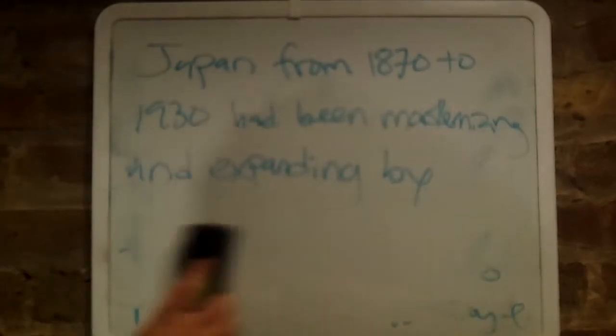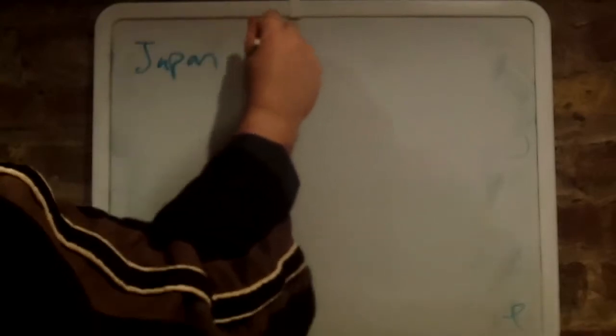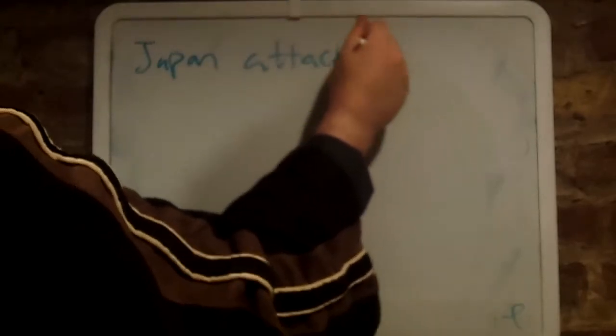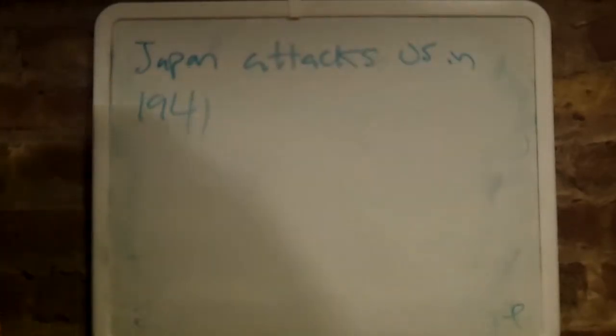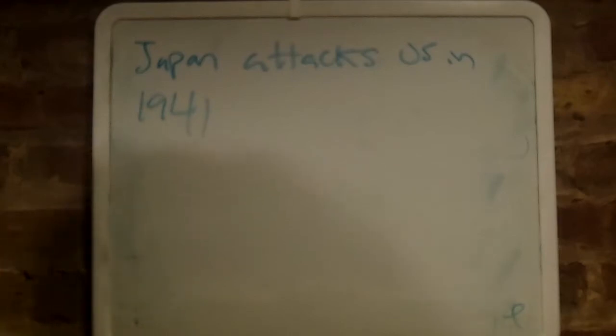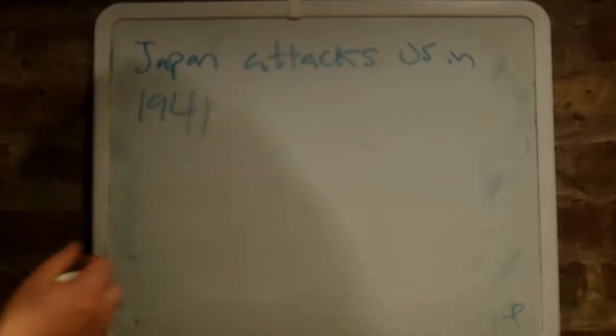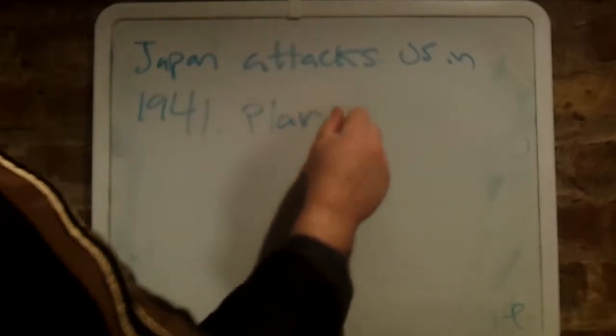Well, Japan responded to these sanctions and embargoes by attacking Pearl Harbor in 1941. And their plan was to score a quick and decisive victory to force the U.S. into negotiations. It didn't work.